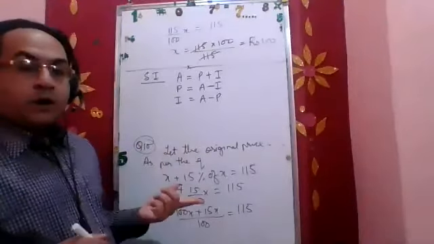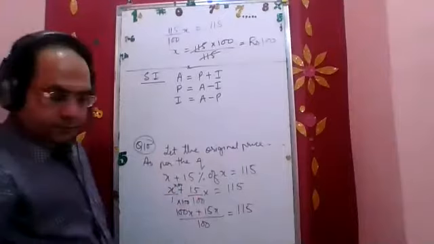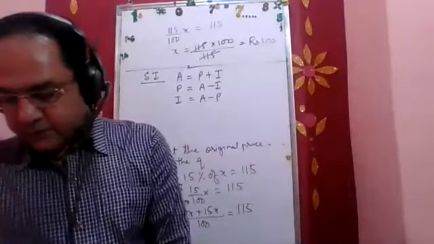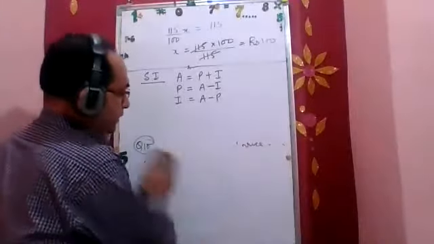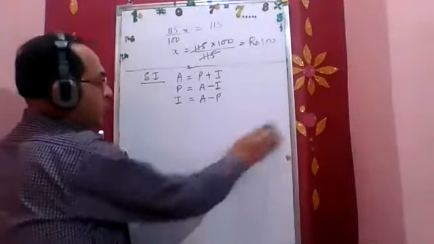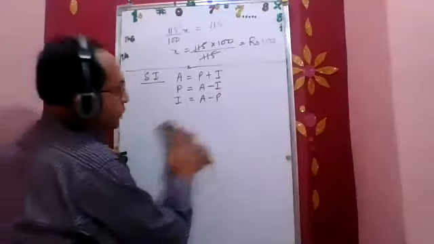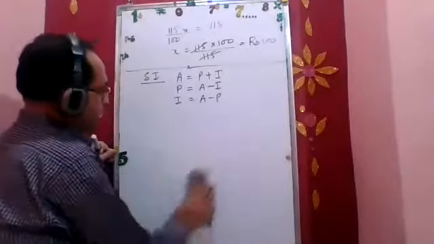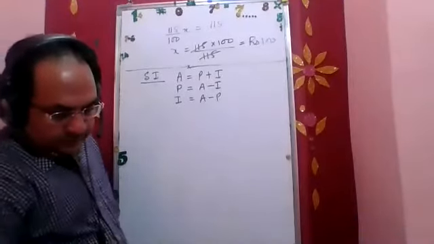But if you don't know the amount, then we will be using the concept of interest, and the given things will also be different. So be very careful, understand what you are given, and with the help of that, you can solve and get the answer.